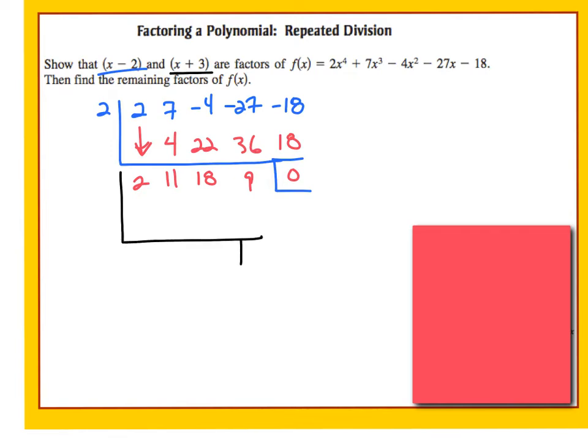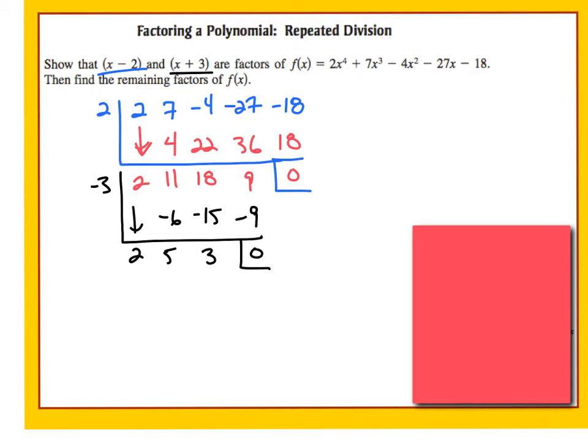All right. So now I need to see if x plus 3 is a factor. And so I need to set my remainder thing right there. So what's my k now? My k is -3. So I drop 2. And I end up with -6, and then 5, and then -15, and then 0.